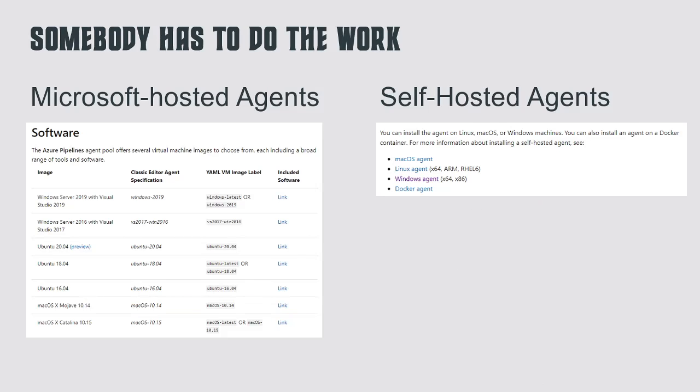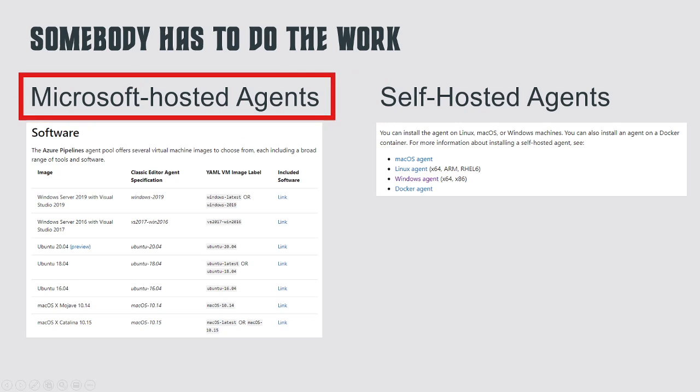And when dealing with Azure DevOps, we have two types of agents. Agents are those processes that have to do the work. We've got Microsoft hosted agents. Those are virtual machines running in the cloud. Whenever you start a continuous integration or continuous deployment run, Microsoft provides you with those hosted agents.